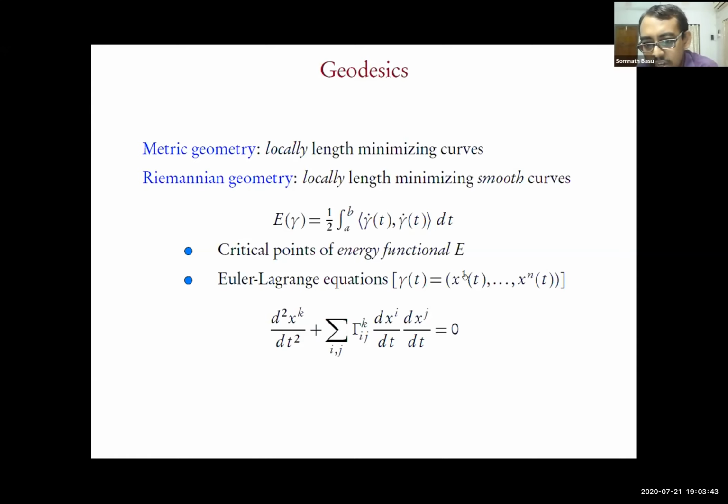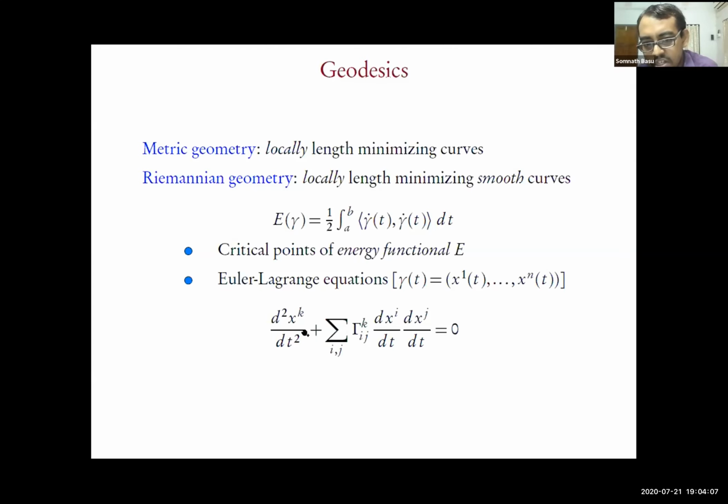So here my gamma of t is of the form x1 of t, x2 of t, up to xn of t. And these coordinates in terms of t should satisfy this system of equations. So this is like the acceleration of xk: d squared xk by dt squared plus these products of dxi/dt and dxj/dt.